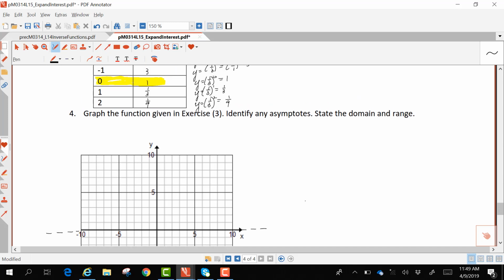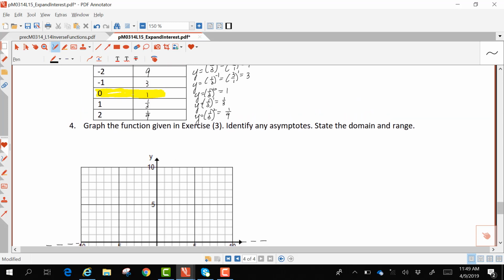But when I plot these points, I'm at (-2, 9), so I'm high on the left side now. (-1, 3), (0, 1), (1, 1/3), and (2, 1/9). Your graph looks a little different. Instead of exponentially increasing, this is exponentially decreasing. It's dropping very quickly. So this function will always be going down or will always be decreasing.